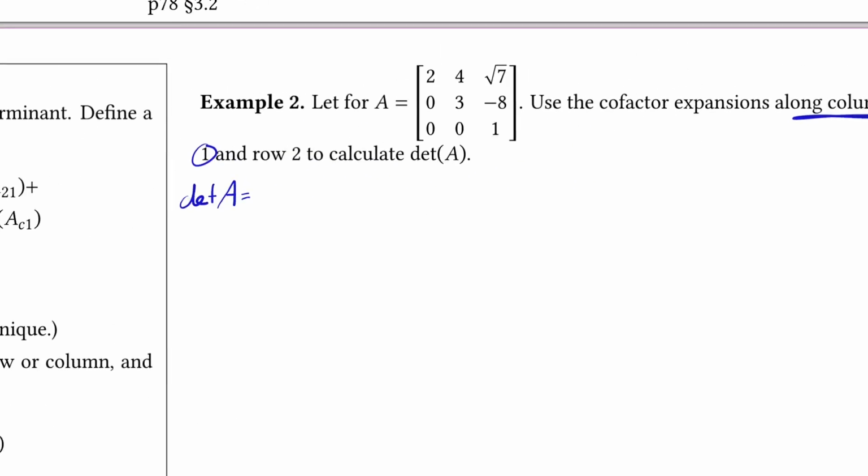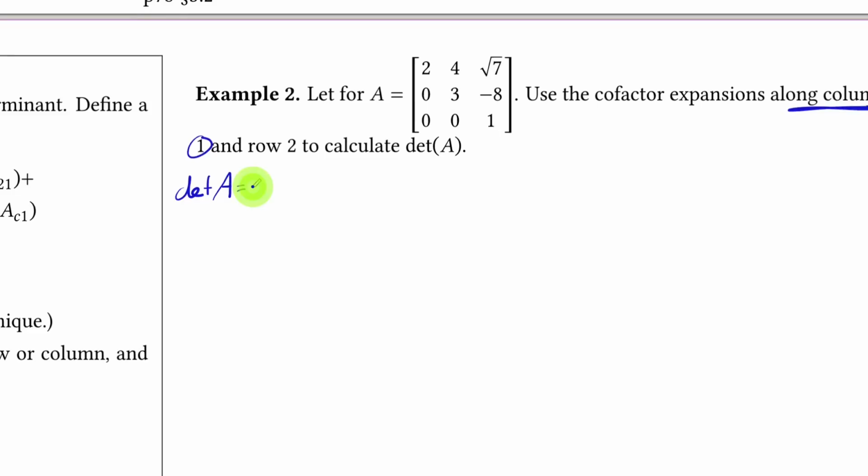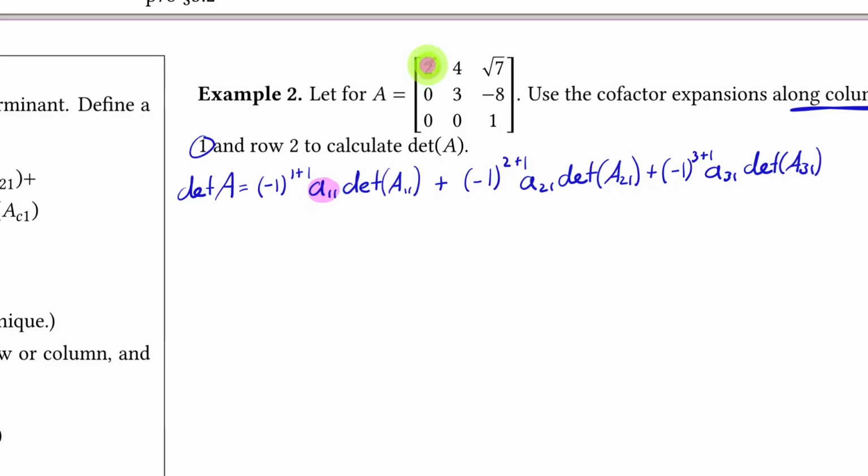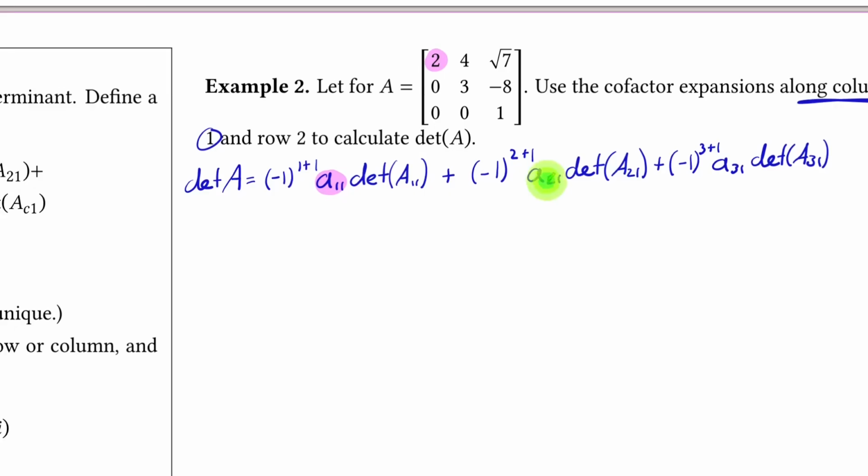I'm just going to write out the notation here again, just so it's in the same place. So first of all, the little a numbers mean the entry in row 1, column 1, the entry in row 2, column 1, and the entry in row 3, column 1. So we're doing something with those. And let's also see what happens with the negative 1 powers here.